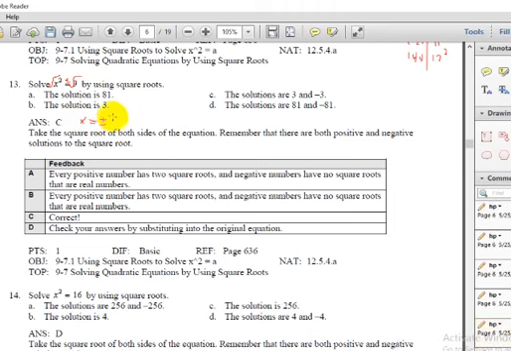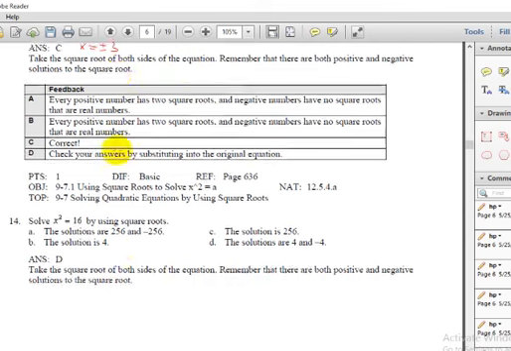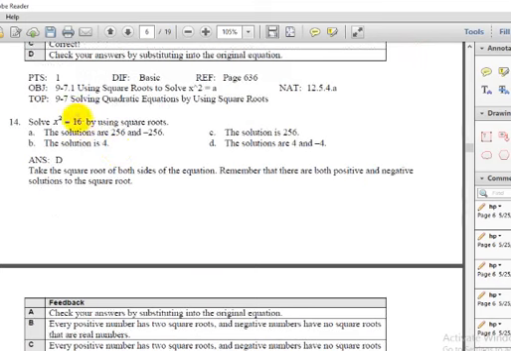So my answer will be plus 3 and negative 3. Where is plus 3 and negative 3? It's C. Very good. Don't forget, if I'm going to get the square root, I must put plus or minus. You can pause the video and start to solve it by yourself. This one's so easy.